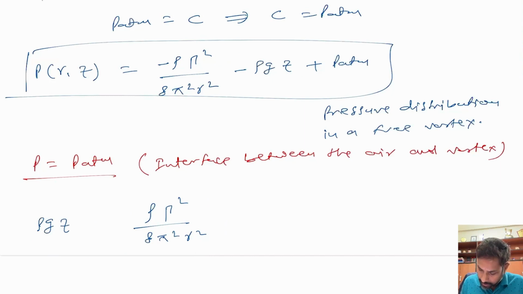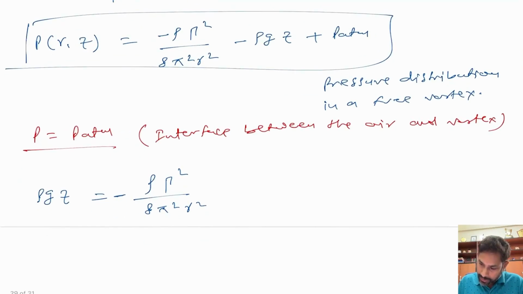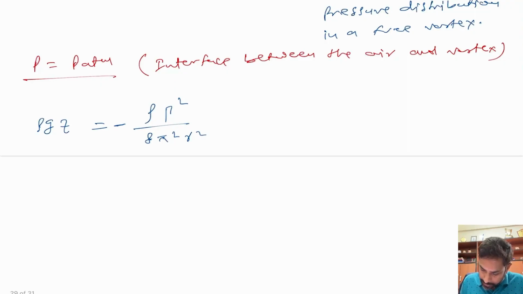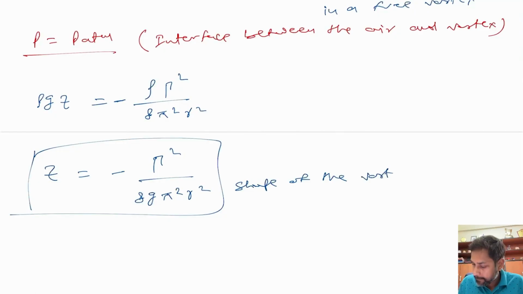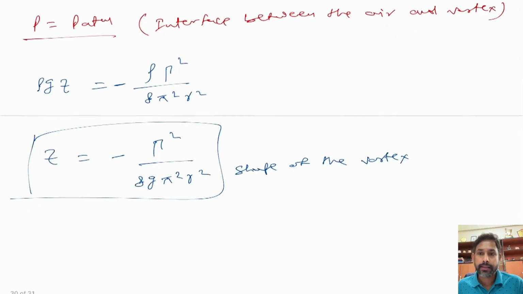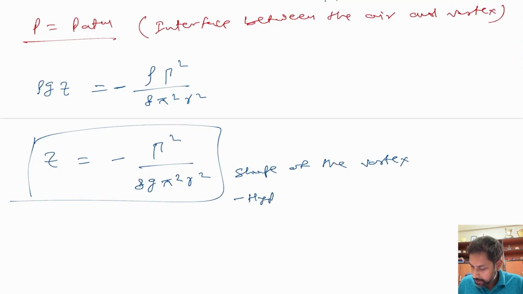So rho gz is equal to this, where P atmospheric on two sides get cancelled. And that is why what we get here is z is minus, the rho cancels out, gamma square over 8g pi square r square. So this gives you the shape of the vortex, and this is a hyperbolic shape. This is what we have seen.